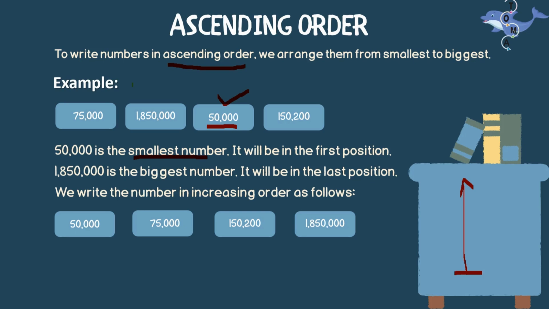So here we have 50,000, which is the smallest number, and then we are going to find out the greatest number, which is 1,850,000.